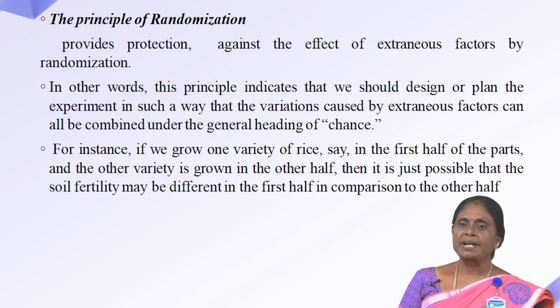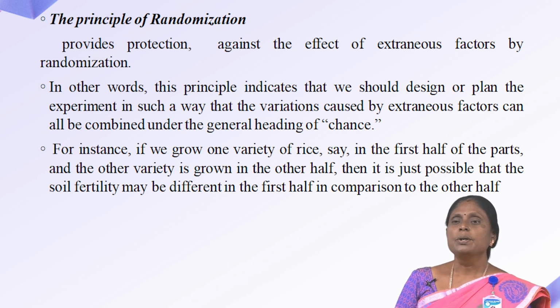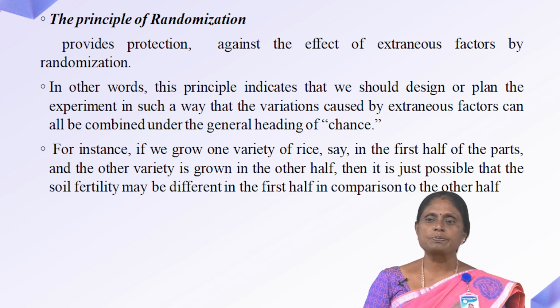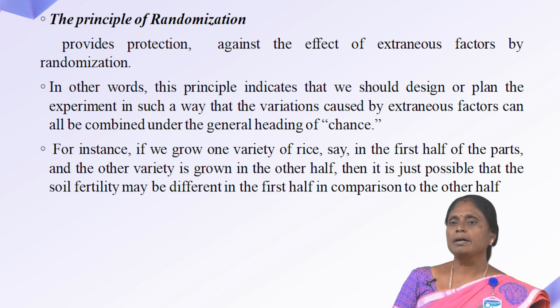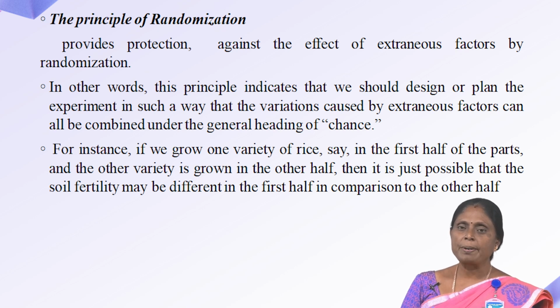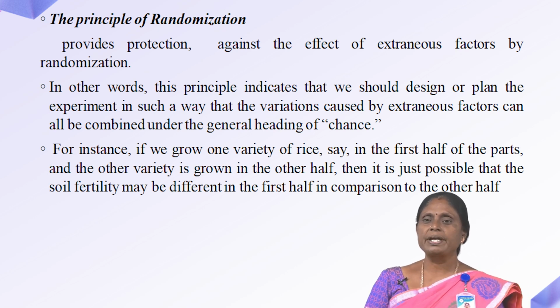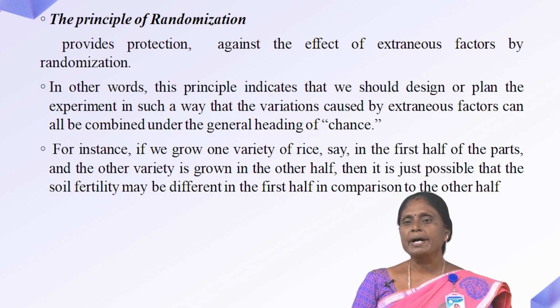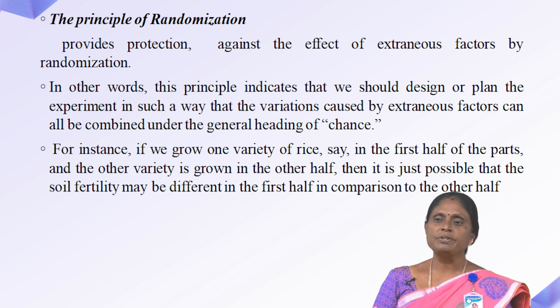Next, the principle of randomization. It provides protection, when we experiment, against the effects of extraneous factors by randomization. In other words, this principle indicates that we should design or plan the experiment in such a way that the variations caused by the extraneous factors can all be combined under the general heading of chance.